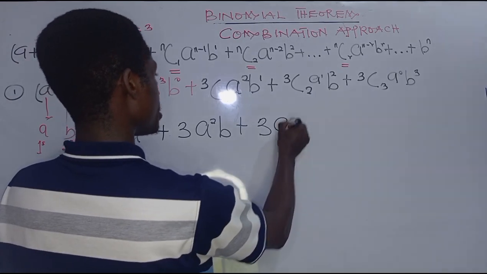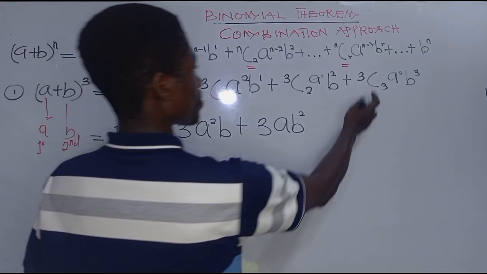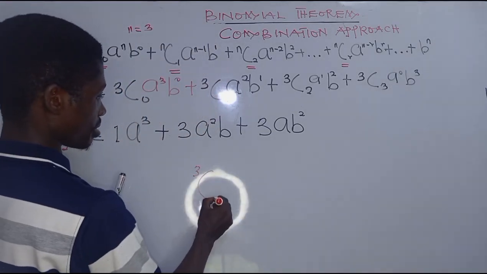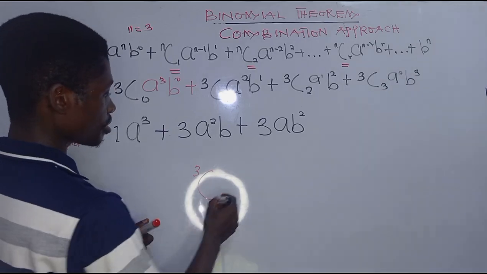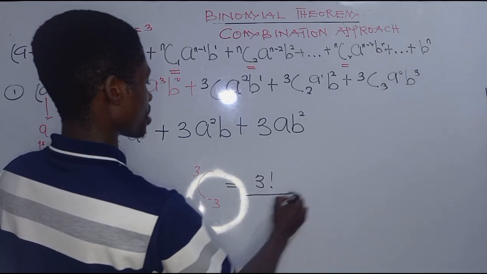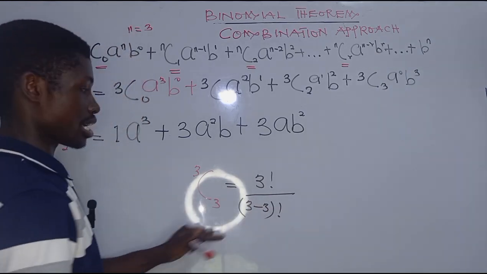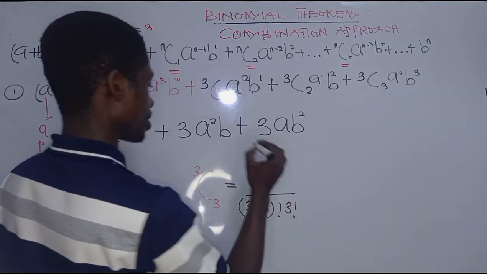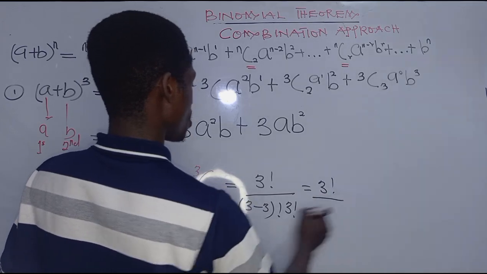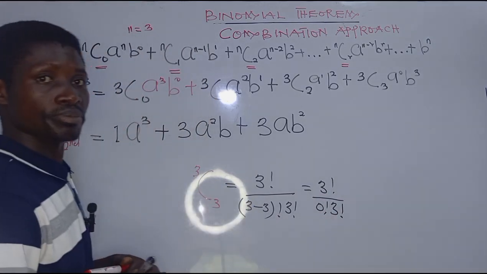And then we have A, B power what? 2. And then we have 3 combination 3. So we know that 3 combination 3 will give you 3 factorial all over 3 minus 3 factorial, and then 3 factorial. So we have 3 factorial all over 0 factorial multiplying 3 factorial.